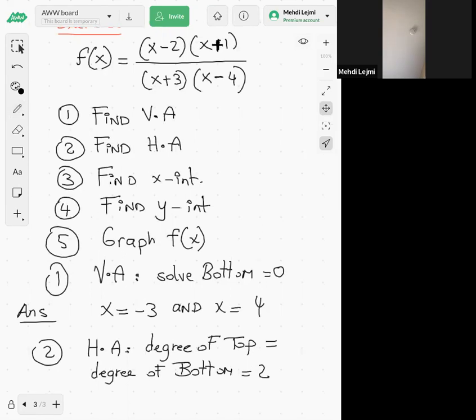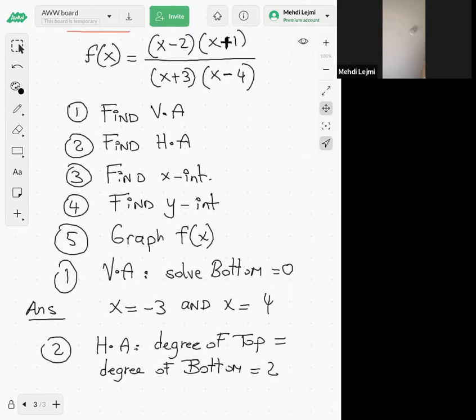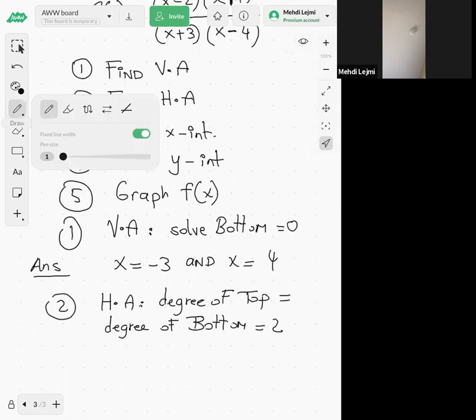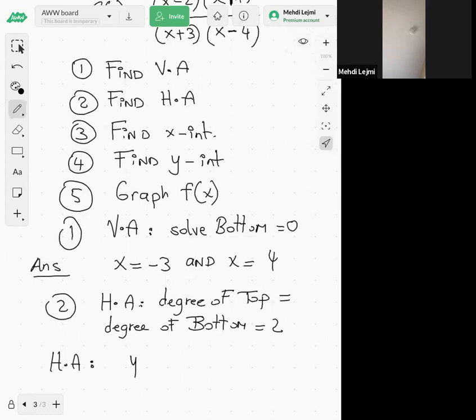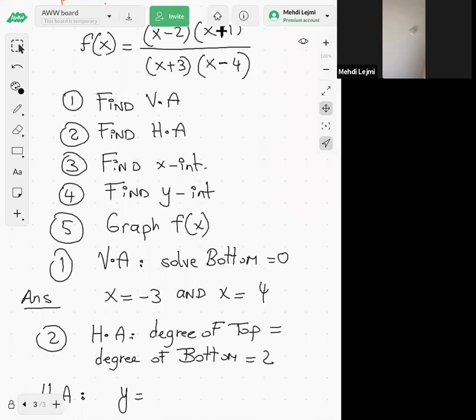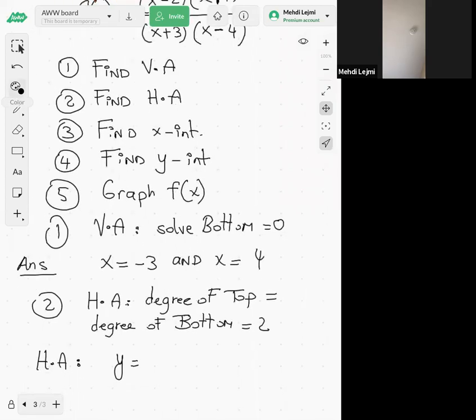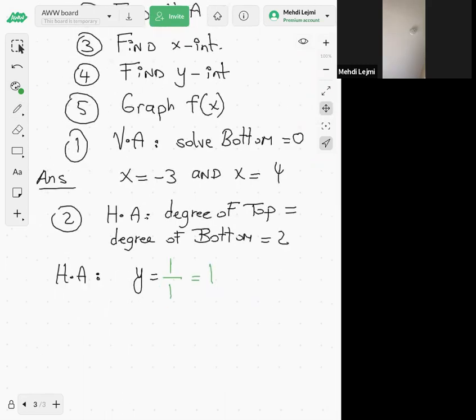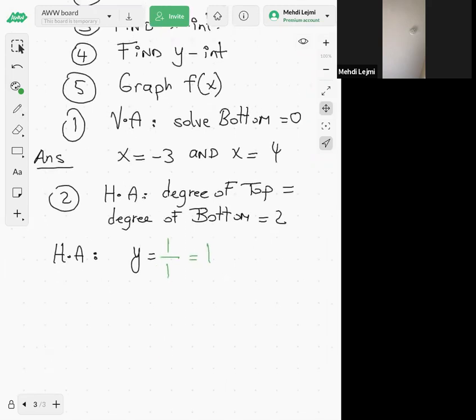So the horizontal asymptote is y equals, if you expand, 1x squared plus etc. over 1x squared plus etc. The leading coefficient of the top is 1, and the leading coefficient of the bottom is 1. So it's 1 over 1, which equals 1. That's my horizontal asymptote. Then the x-intercept.